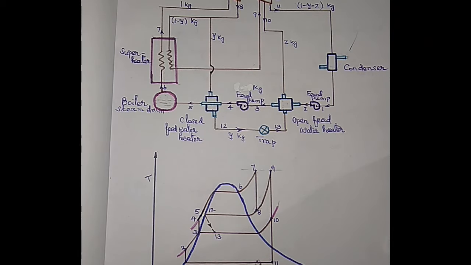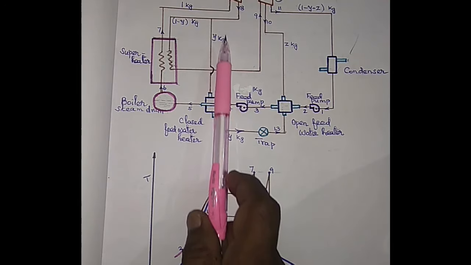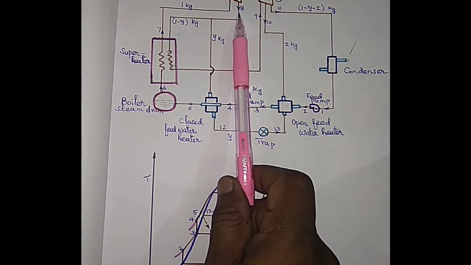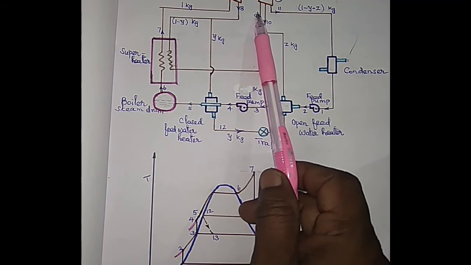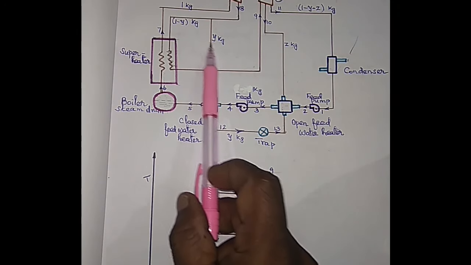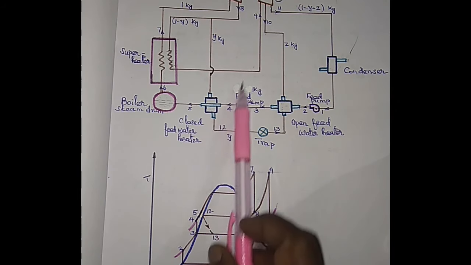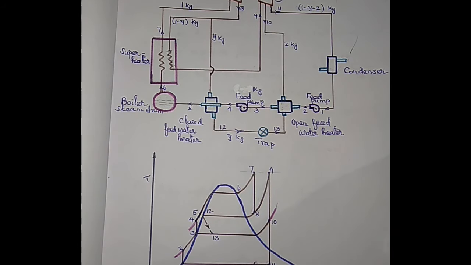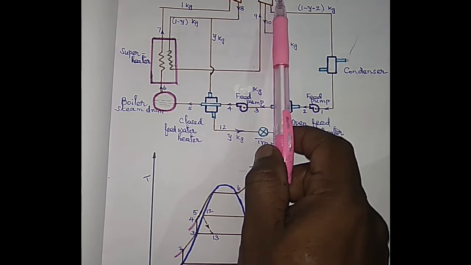But one small disadvantage is the power developed will reduce a little bit, because you know that here 1 kilogram is entering, 1 kilogram is coming out, but into the next turbine it is only 1 minus y kilogram of steam that is entering. So this y kilogram of steam which is extracted for heating will not do any useful work between 9 and 10 or 9 and 11 in this turbine.